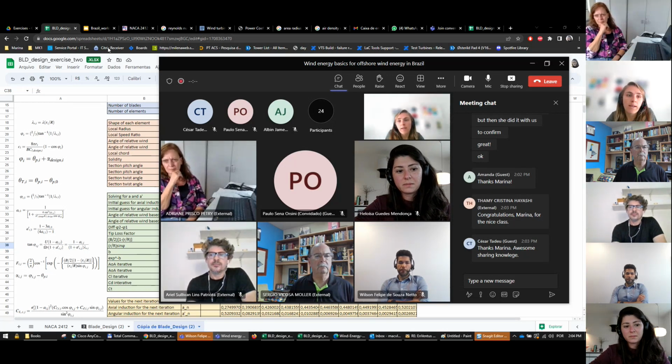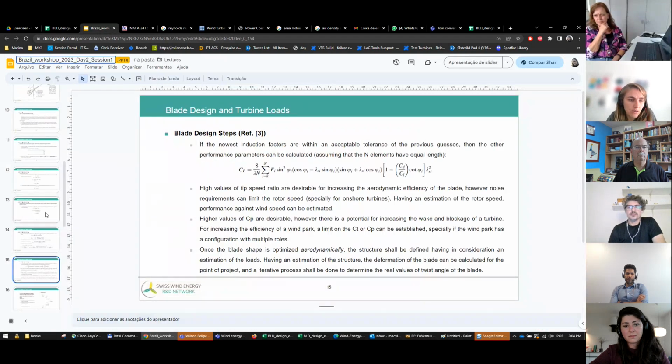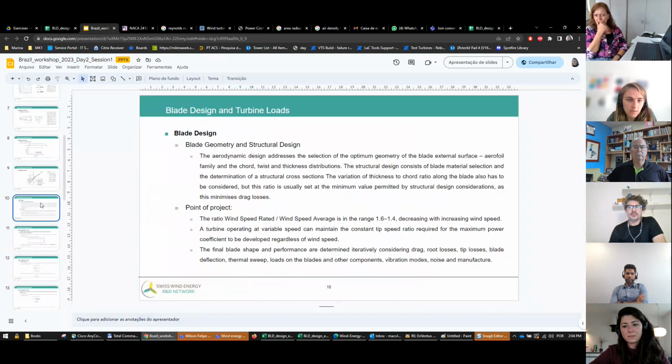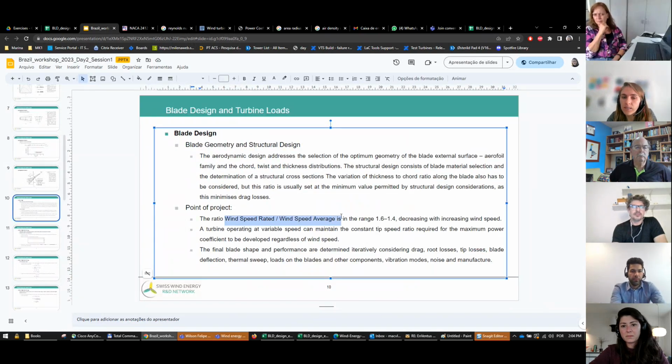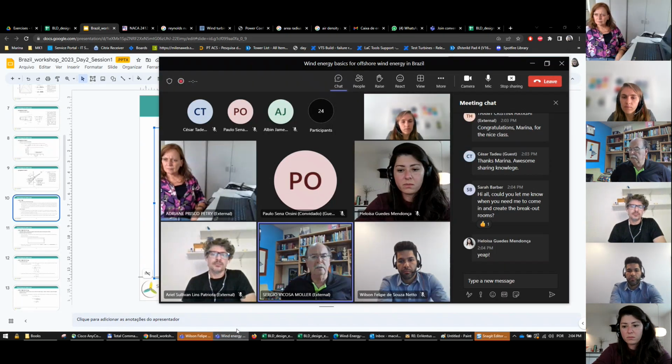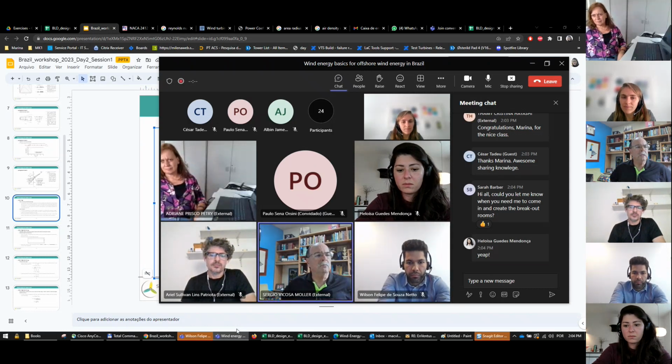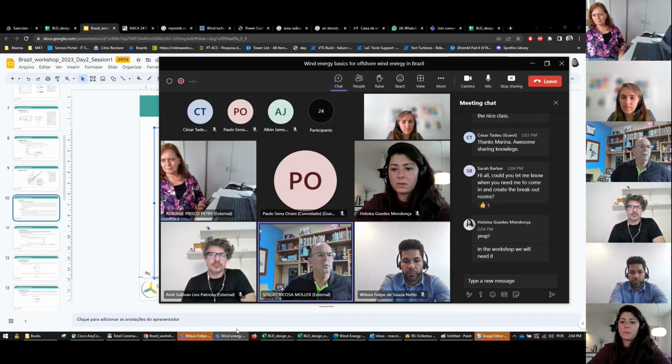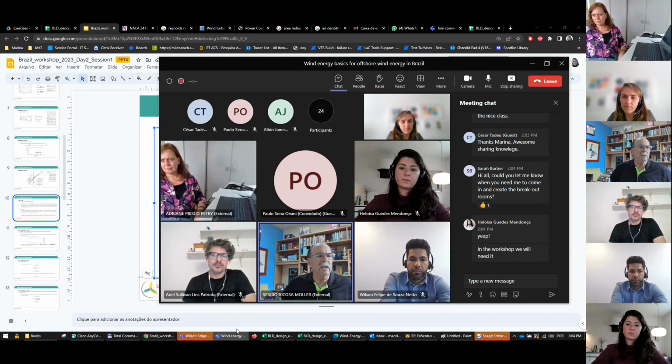What I found was a relation between the rated wind speed and the average wind speed of around 1.4 to 1.6. Because if you go from 10 to 20 meters per second, you dramatically reduce the diameter of the rotor from 170 to 70 or 80 meters.